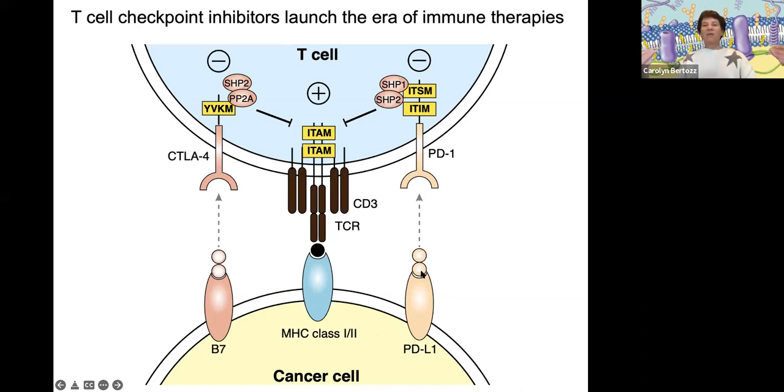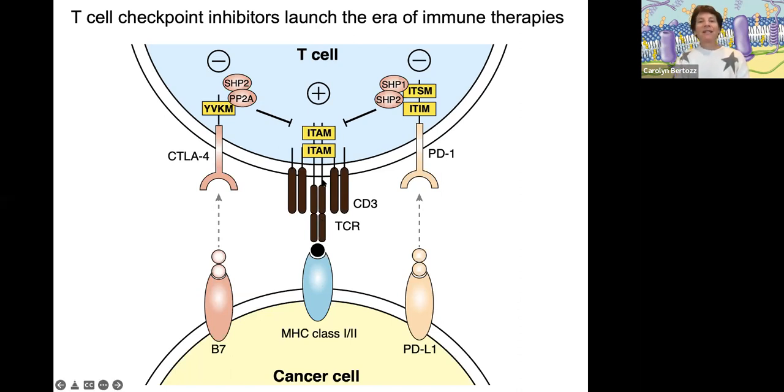And if these receptors engage their ligands at high enough density, the inhibitory signal can quench an activating signal, which might otherwise come from the T cell receptor interacting with MHC molecules that are presenting neoantigenic peptides. They're the products of translation of mutated DNA. And that's how they basically tell the immune system that there's been mutations and therefore damage in this cell.